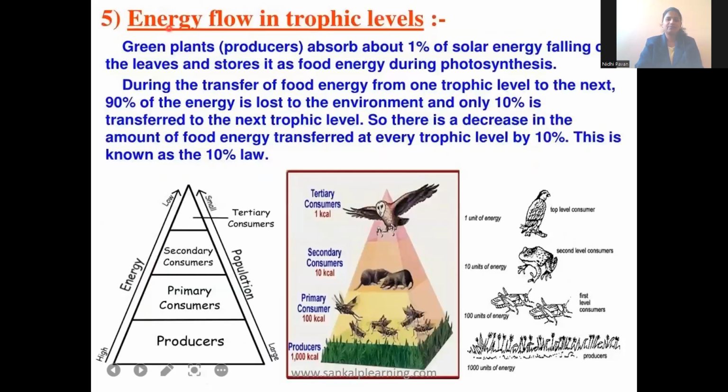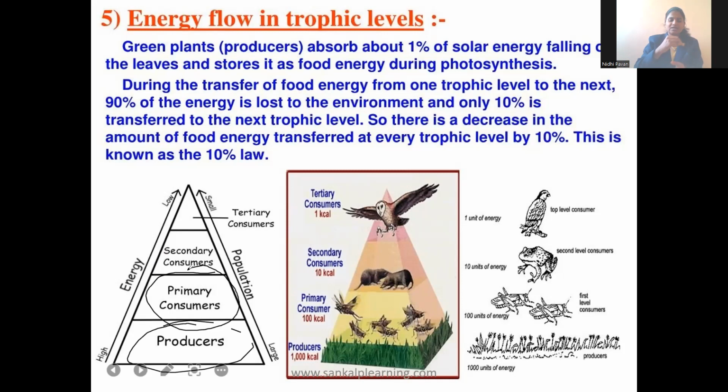Now, how does the transfer of food energy occur? What actually occurs there? As you can see here, the first and foremost is always the producer. The first trophic level will be the producer, so it will have the highest amount of energy. When the producer is consumed by the primary consumer, the energy goes from one trophic level to another.